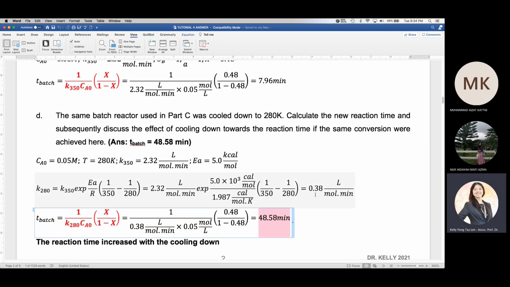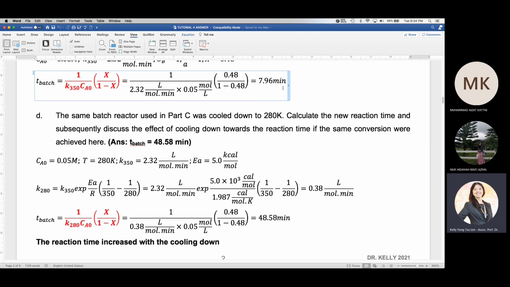So apa maksud dia? Kalau kamu perasan, untuk case C dan D, kita menggunakan reaktor yang sama, kita masih mencapai conversion yang sama. Tetapi masa dia jauh berbeza. From 7.96 minit, kalau saya run pada 350 Kelvin, saya hanya perlukan 7.96 minit.